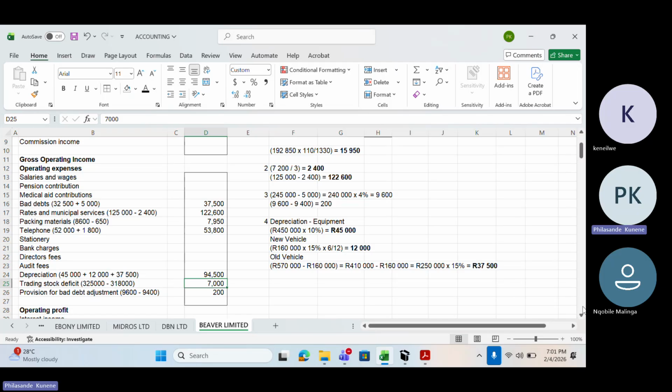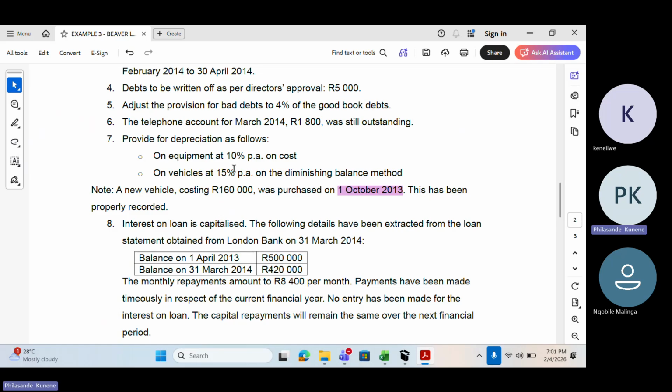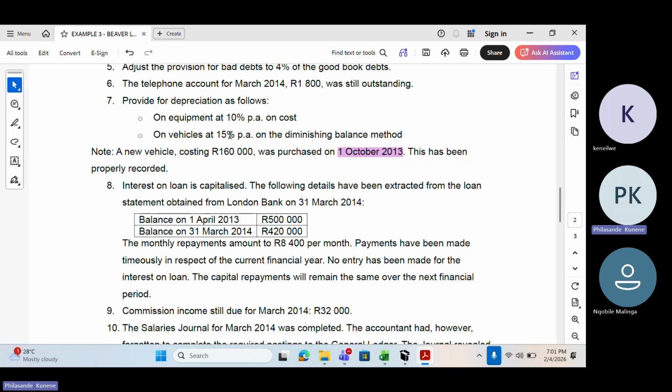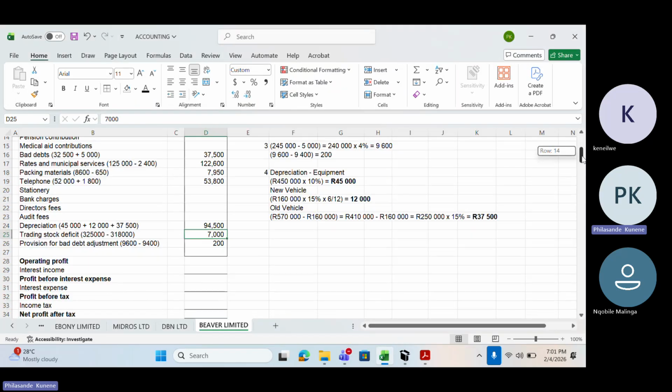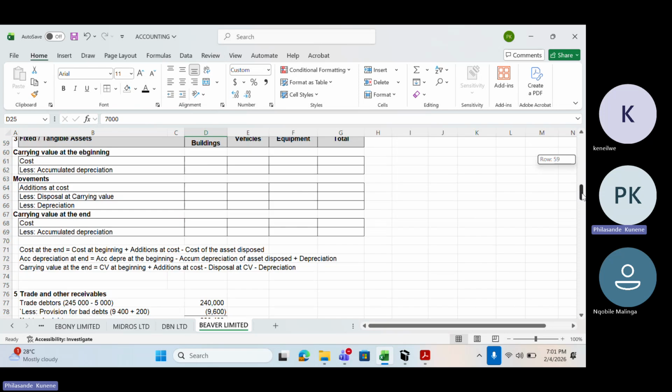Perfect. Then now the same transaction, we need to deal with it in a balance sheet format. Which means now we need to go and do what we call a fixed asset note, right? Let's go and see if we can do it.